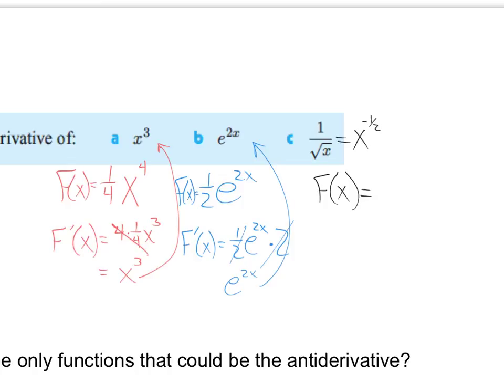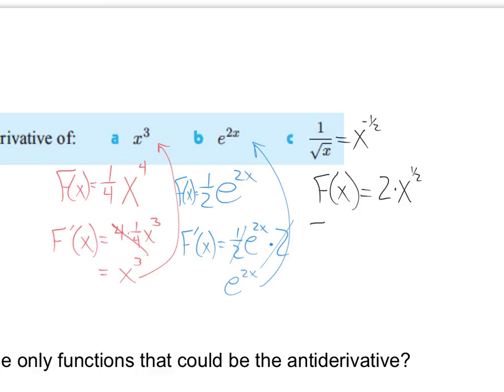If we already had the ln, then the derivative would be 1 over x. How would we take a derivative and end up with x to the negative 1/2? If we had x to the 1/2, over 0.5, which is the same as times 2.